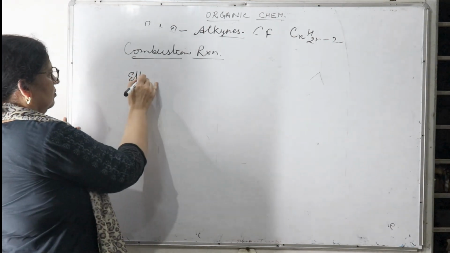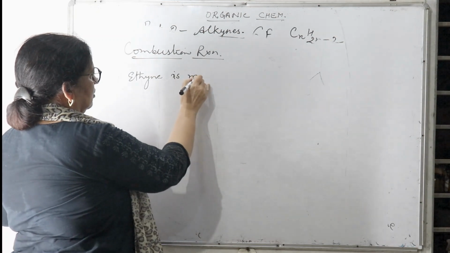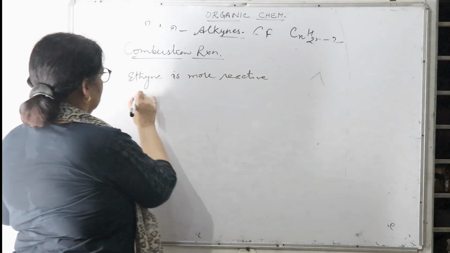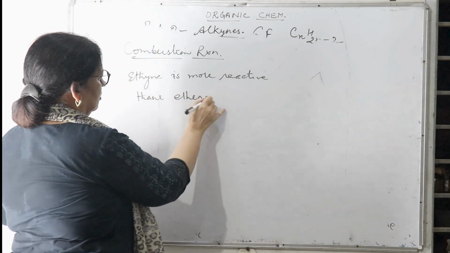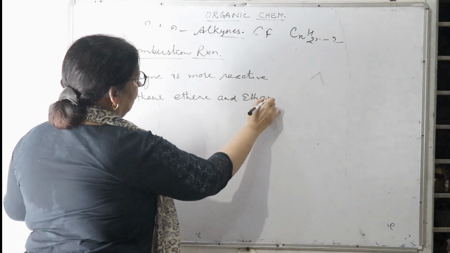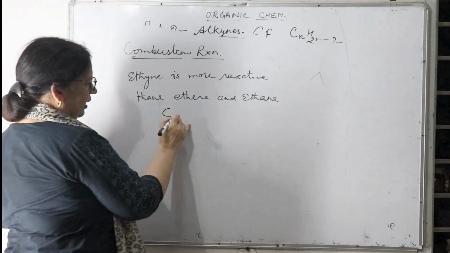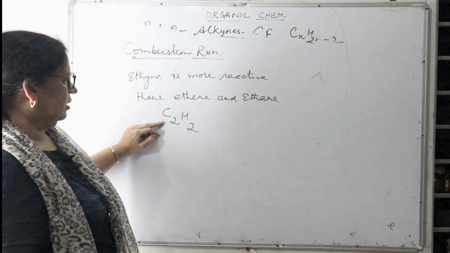Ethyne is more reactive than ethene and ethane. Why? Because it has a greater proportion of carbon as compared to ethene and ethane.